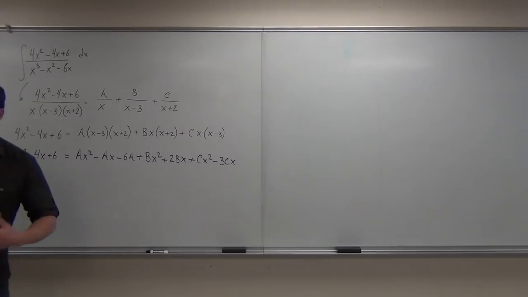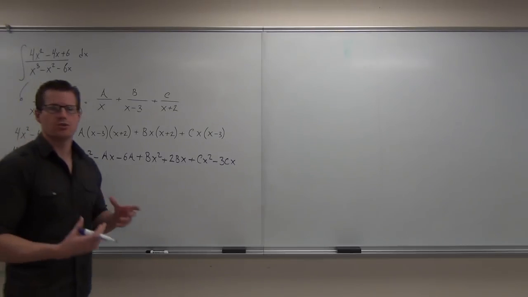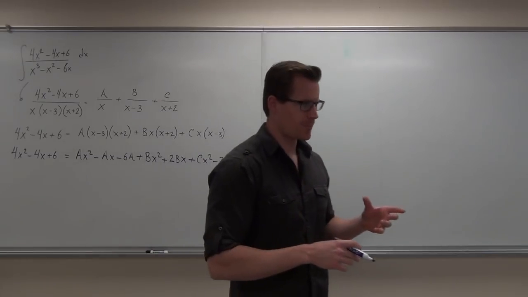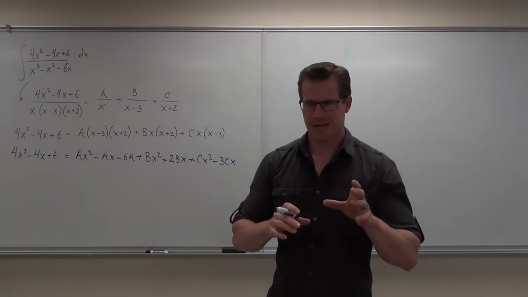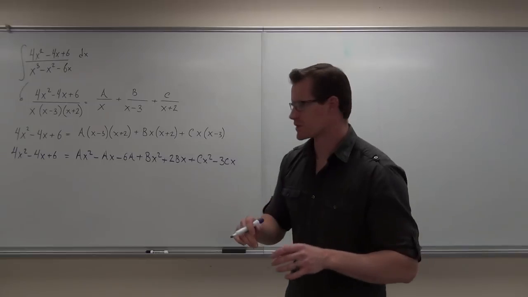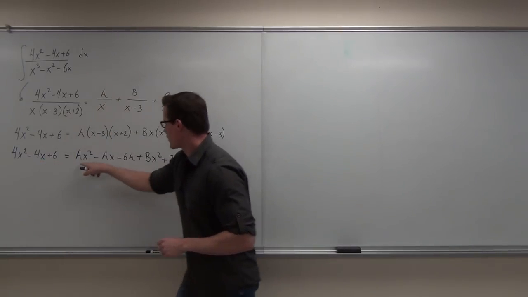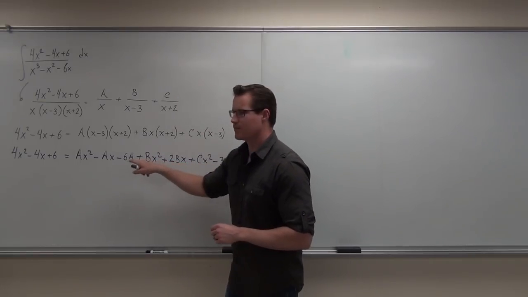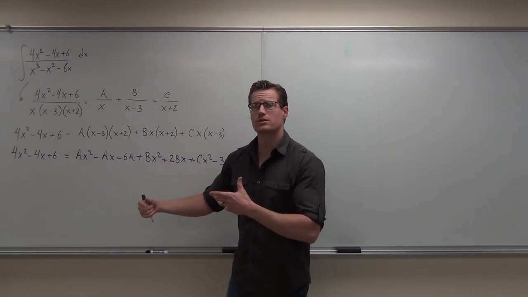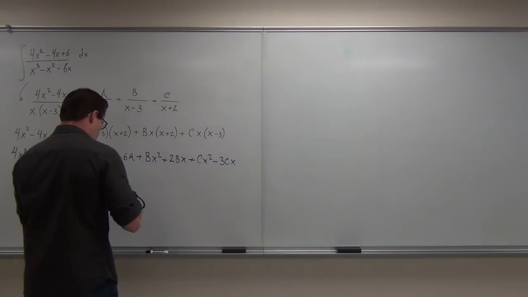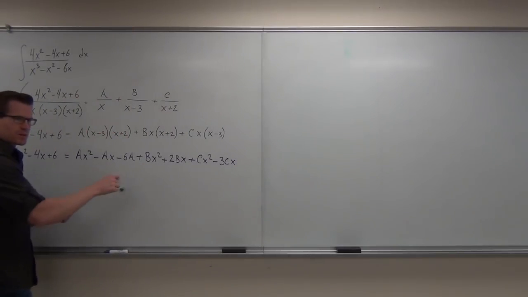Okay, now, organize them. What we're trying to do here is match up x squareds and x's and constants. So for instance, I want to look at this x squared and I want to look at these x squareds. But right now it's a little bit confusing as to what's going on. So we're going to factor this out. So check it. Do you see the like terms I'm talking about?